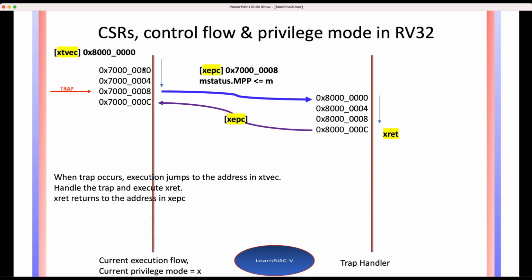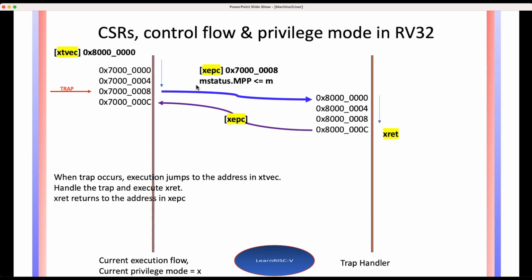So what is the role of these CSRs? When the trap occurs, the address at which the trap occurred is stored in the MEPC or SEPC register, based on the current privilege level.